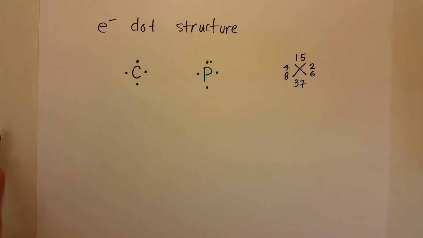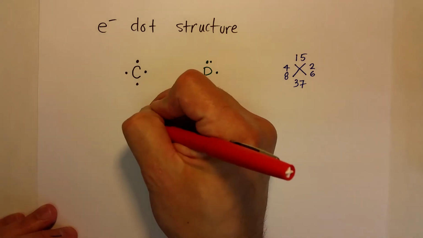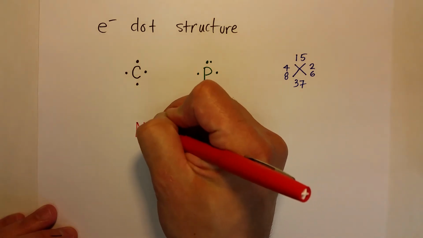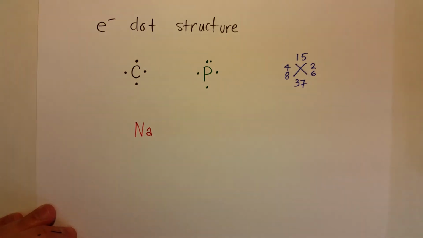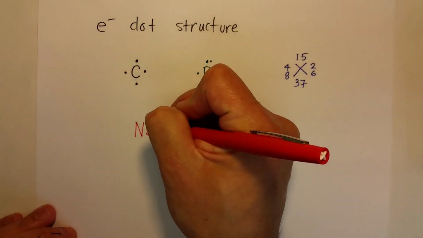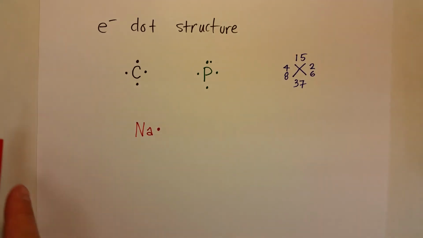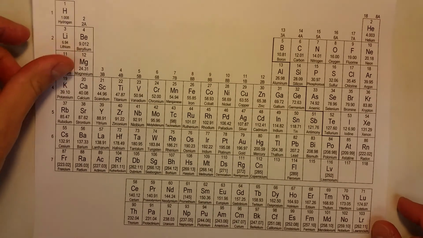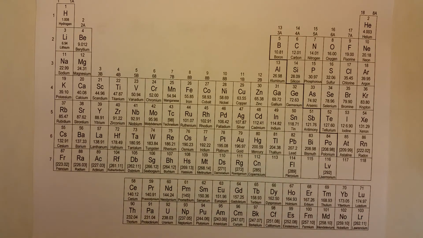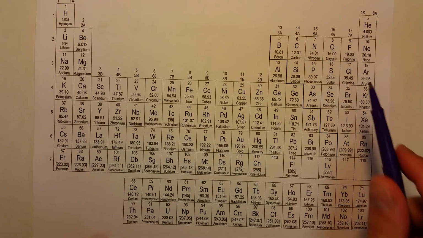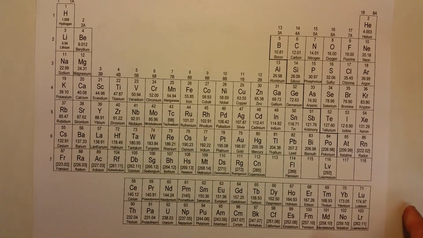Okay. Sodium was another element. We figured out how many valence electrons it has. And so it had 1 valence electron. So very simply for sodium, we could draw 1. Chlorine is in group 7A. And so we know that chlorine has 7 valence electrons.